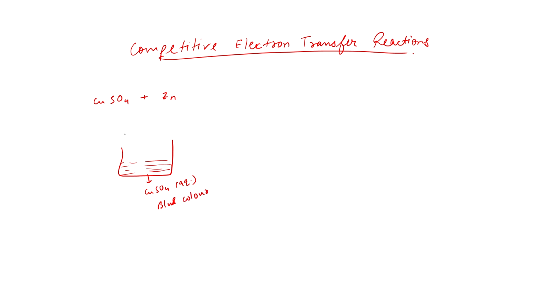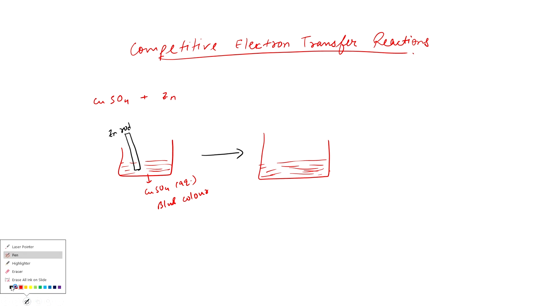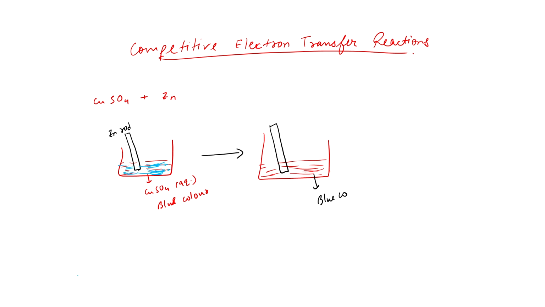But as soon as you dip a metallic zinc rod into the solution of copper sulphate, slowly and slowly this blue color solution disappears.